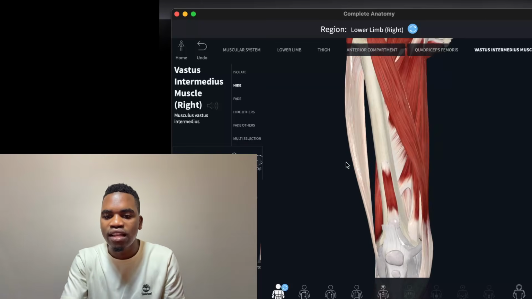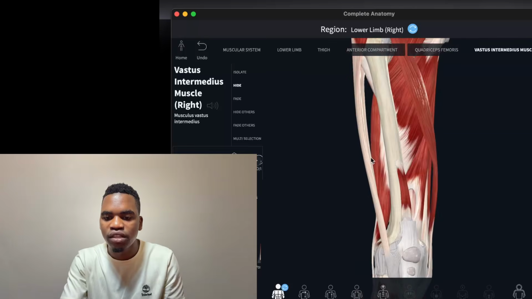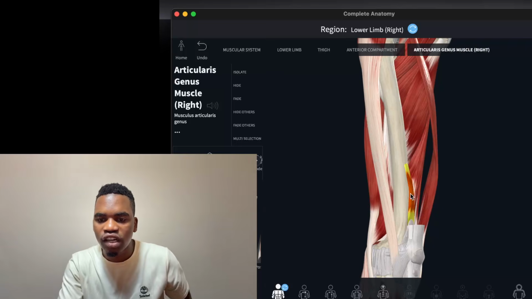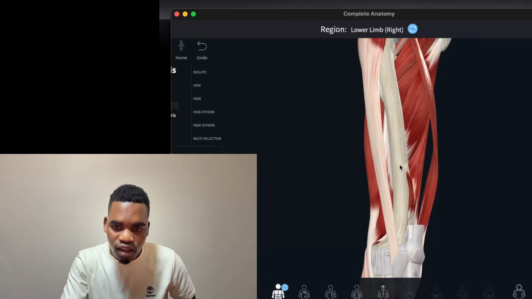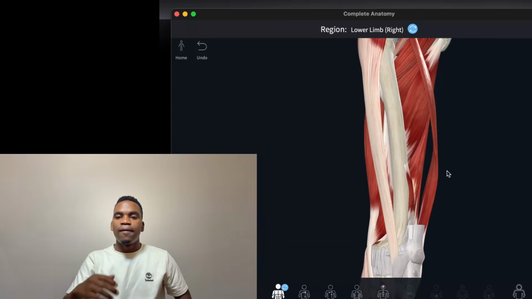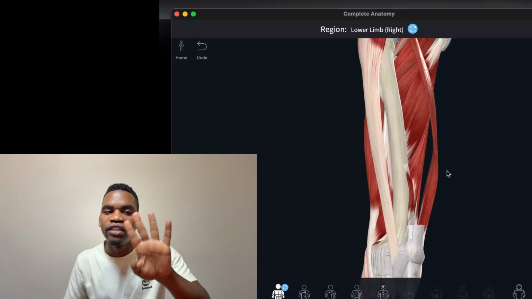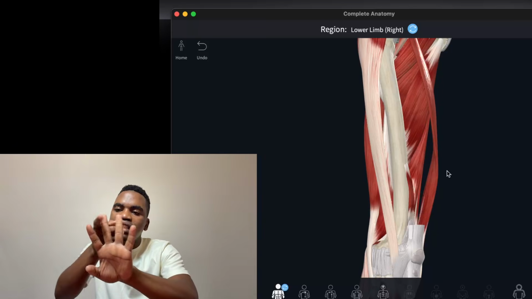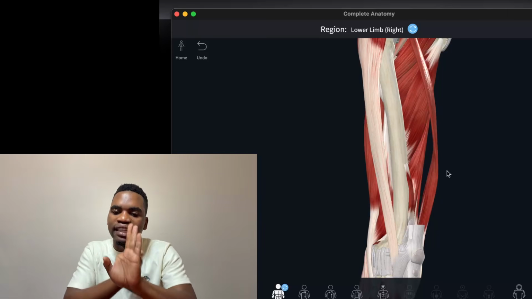These muscles together make the quadriceps femoris. The word quadriceps means it has 4 heads of origin. What are they? You have rectus femoris, vastus lateralis, vastus medialis, and vastus intermedius.